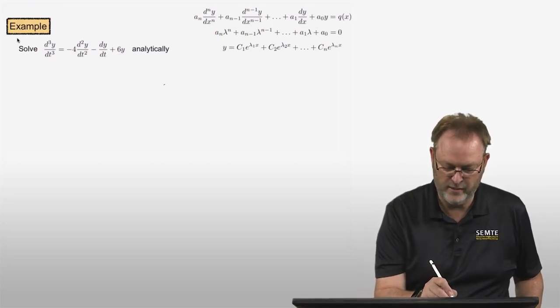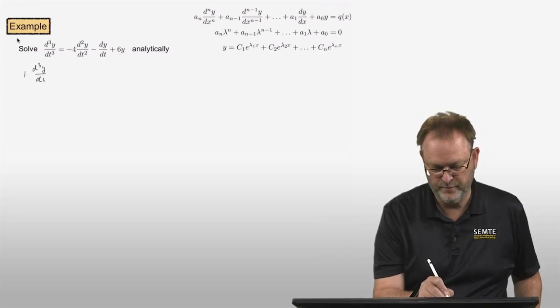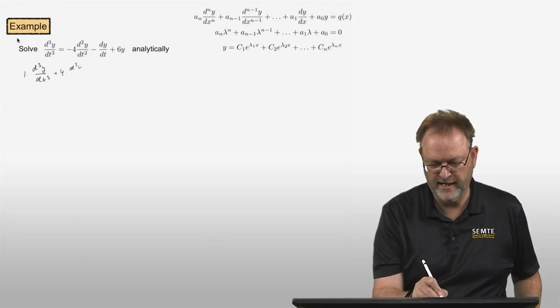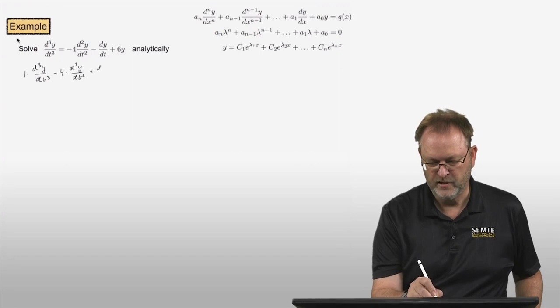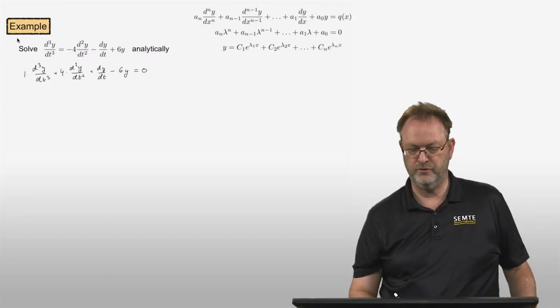So we have 1 times d3y dt cubed plus 4 times d2y dt squared plus dy dt minus 6y is equal to 0.